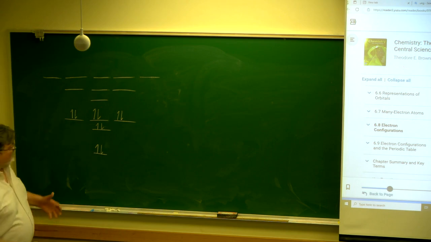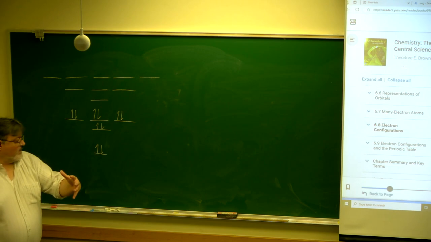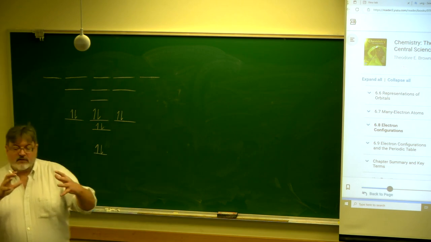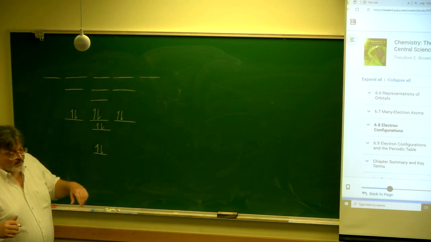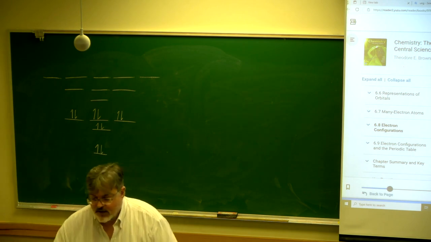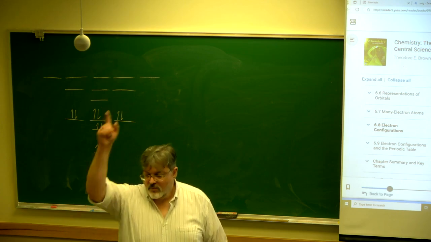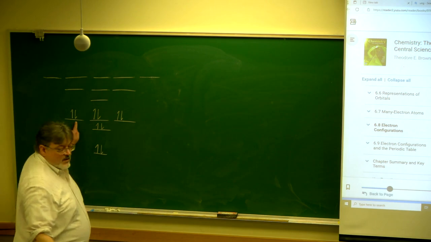Let me summarize again. This represents a sphere about this big around the nucleus. The next one up is another sphere out from the nucleus. These 3 are equivalent. You can picture those as, instead of a sphere, there's kind of an elongated orbital where the electrons are going up and down like this. That's one of these.